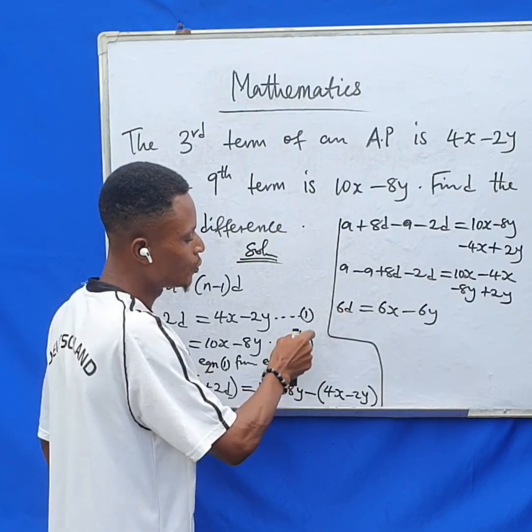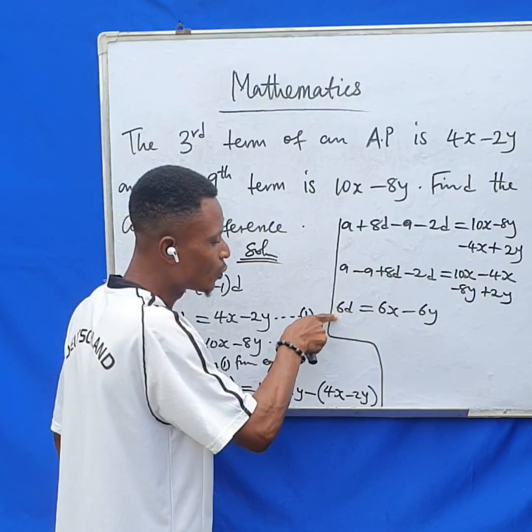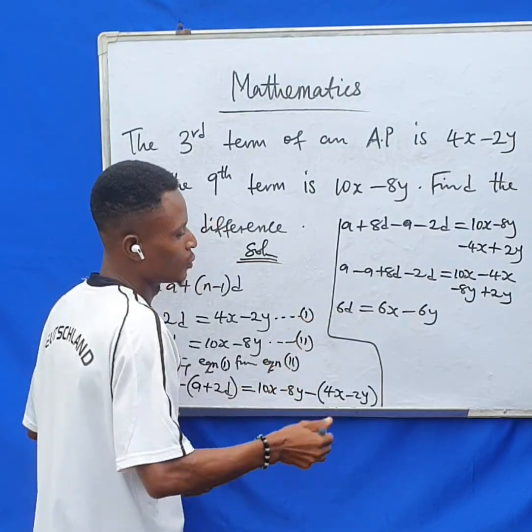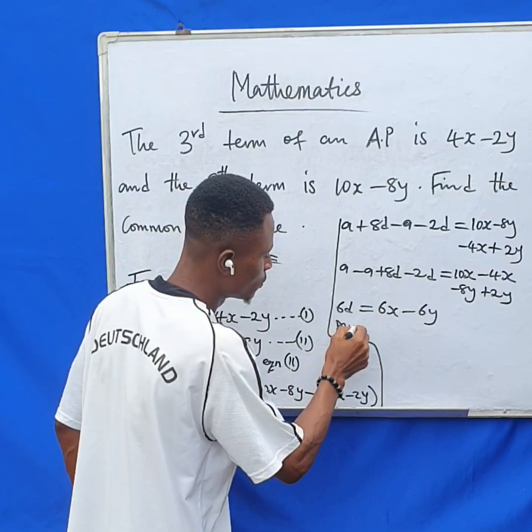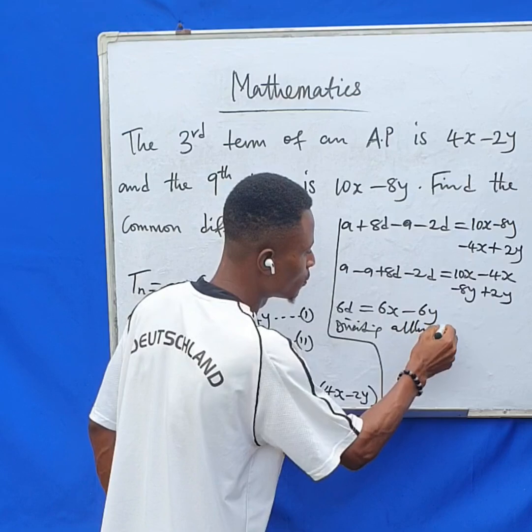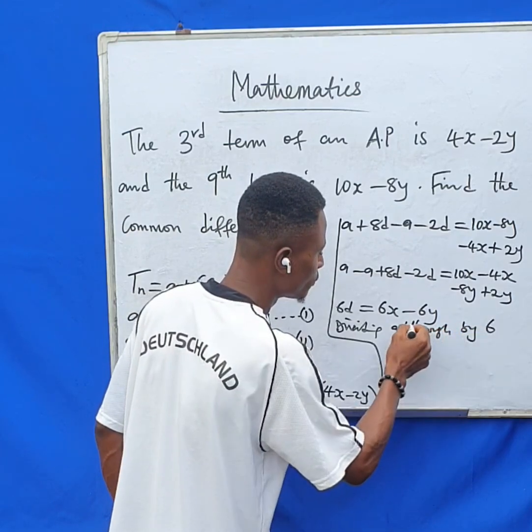So for us to get the d, we have to divide all through by this 6 that is attached to this d. So we're going to say dividing all through by 6.